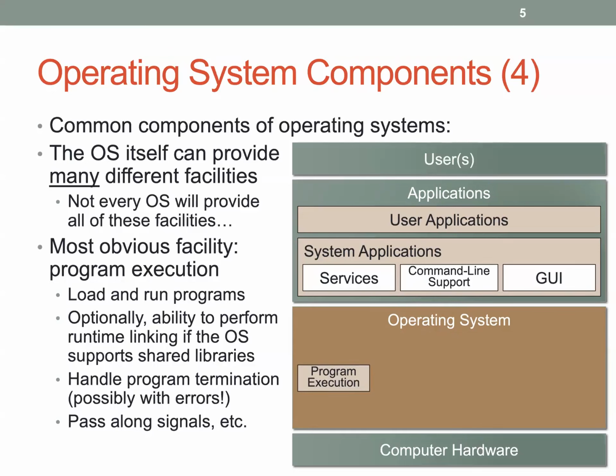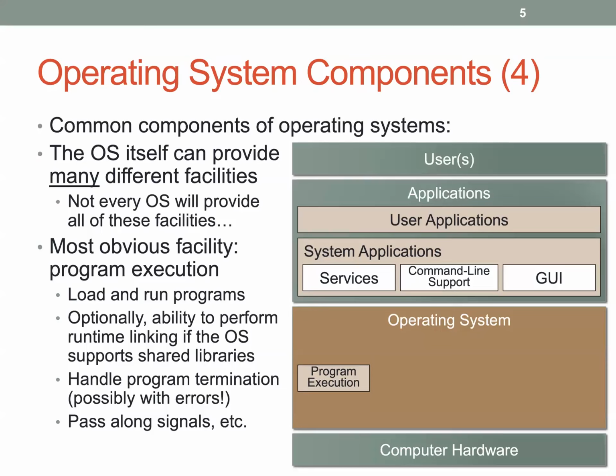Because if I can support a general set of user applications, then I need to be able to load any one of those, based on user request, into memory so that the application starts running. So it's a very basic primitive facility. It's something you will actually get to build in the third project. Pintos doesn't have that capacity by itself, and you will extend it greatly so that you can actually run user applications.